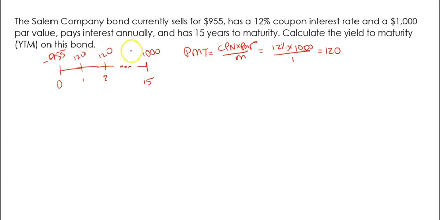So as the bond holder, you would receive $120 every year and $1,000 upon maturity. So let's put in what we know. So you're wanting to solve for IY. Oh, I forgot to put in years. Years is 15.